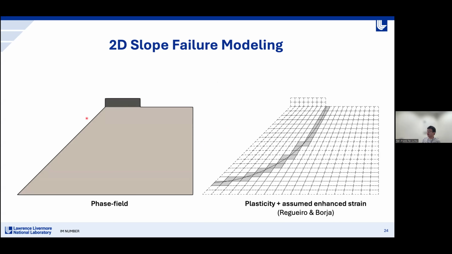So here it shows the growth of the slip surface modeled by the phase field method, and compared to the solution obtained in Rigoro and Boha, you can see the location and the shape of the slip surface actually match pretty well between these two methods.